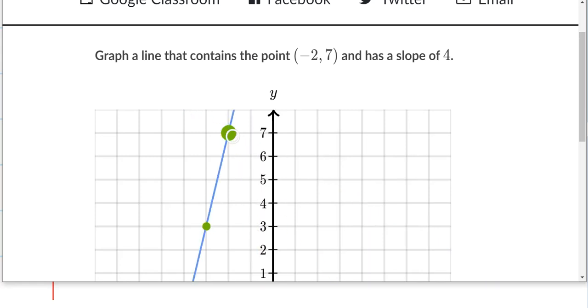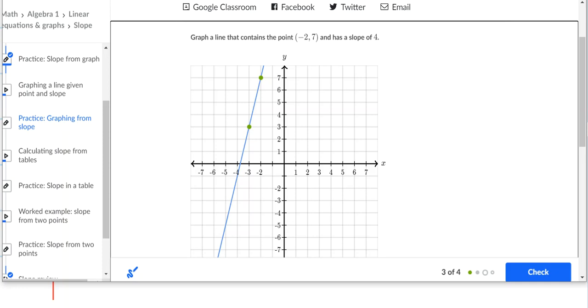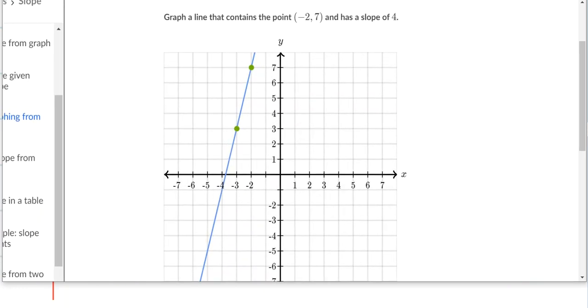If I go down 4 and left 1 from this original coordinate, I still have a line that contains the slope of 4 and the point -2, 7. And you could imagine, too, that if I had gone up 4 and right 1, I would have placed a point along this blue line as well.